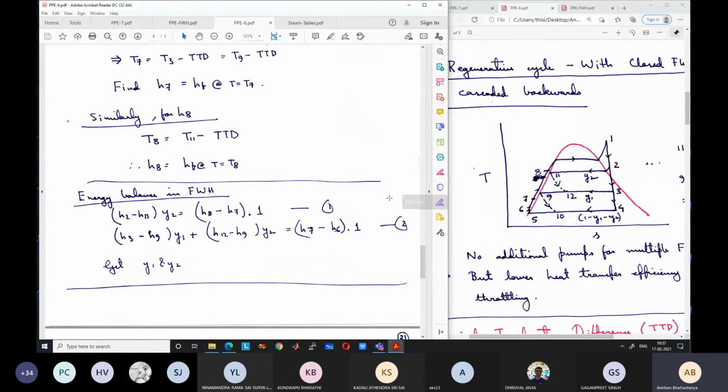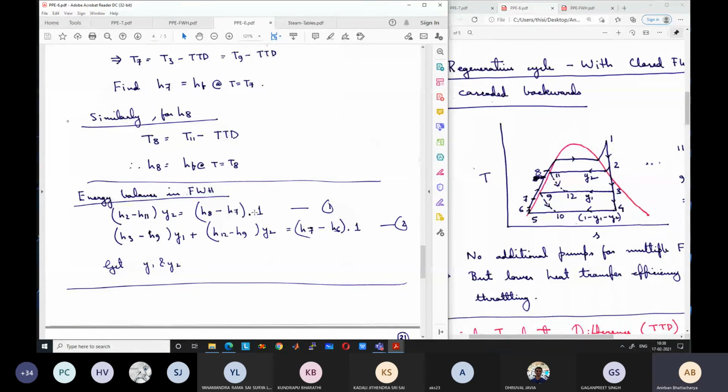The increase in energy of the feed water is H8 minus H7 multiplied by the mass flow rate, which is 1. And the energy lost by the steam is H2 minus H11 multiplied by the mass flow rate, which is Y2. So H2 minus H11 into Y2 is equal to H8 minus H7 into 1. Is it clear to everyone? Very simple energy balance.